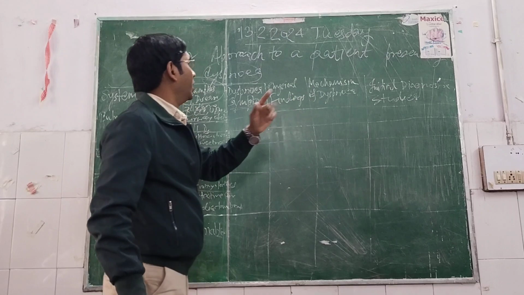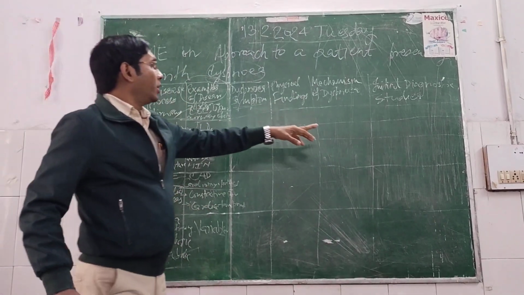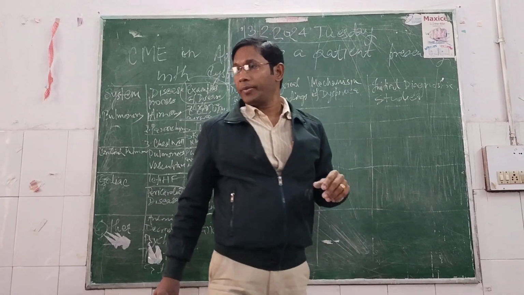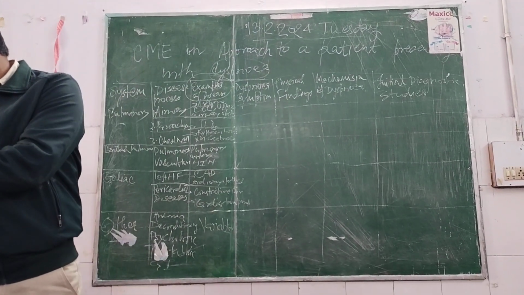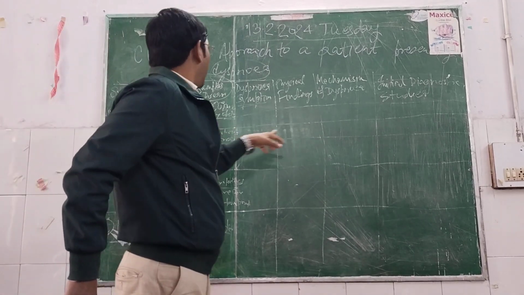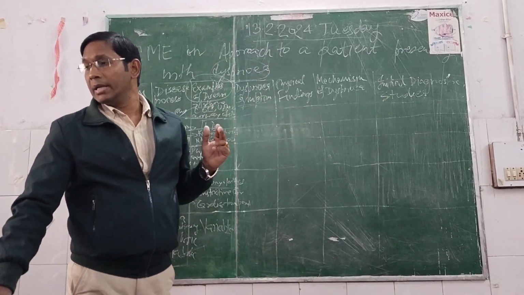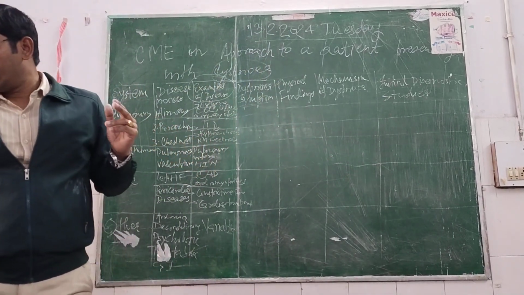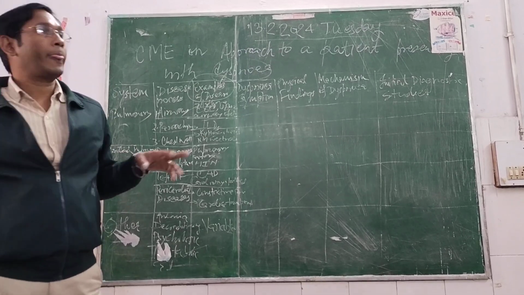And what are the initial diagnostic studies? In case of chest wall disease, we do a spirometry, and also in case of interstitial lung disease, we will do a spirometry. Chest wall disease, a spirometry, and MIP and MEP. What is MIP and MEP?